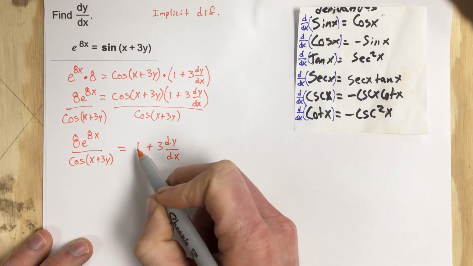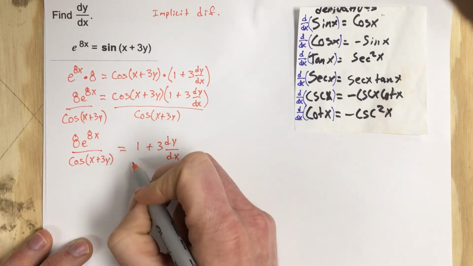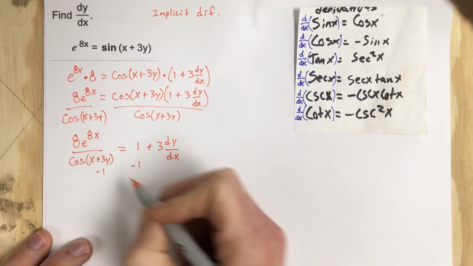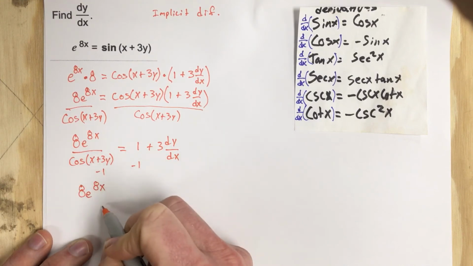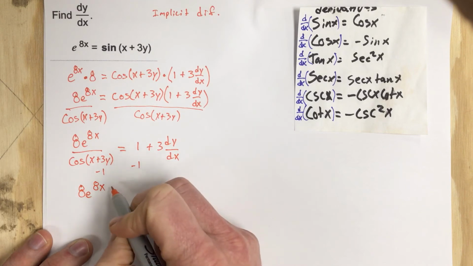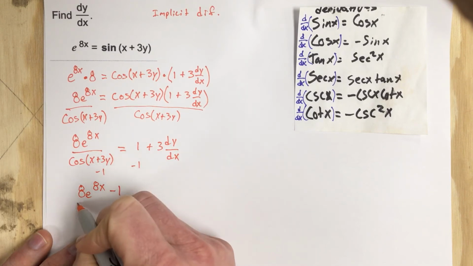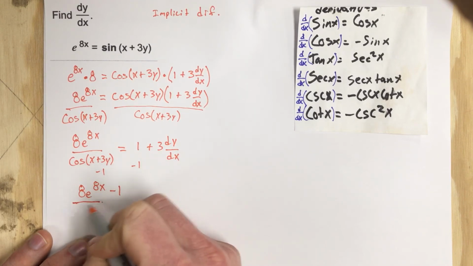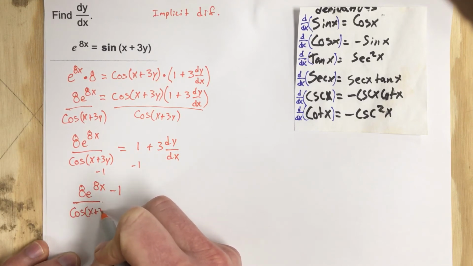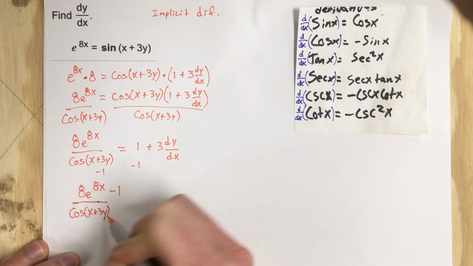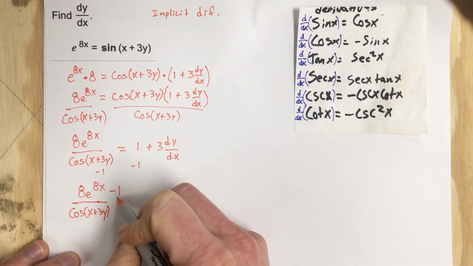Now all I have to do is subtract the 1 over, so let's put minus 1 on each side, and we get 8e to the 8x over cosine of x plus 3y, and this minus 1 should be out to the side here.